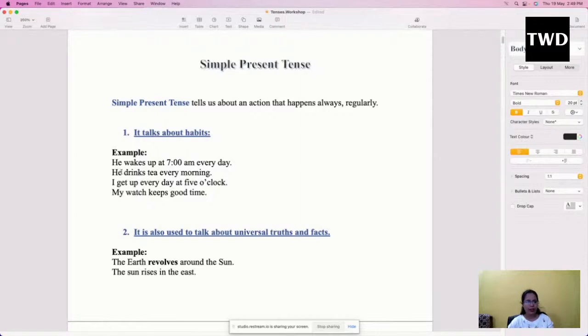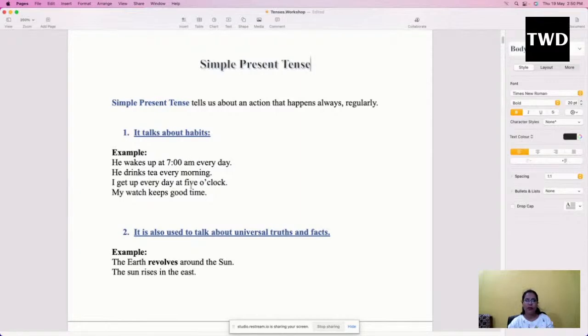Yes, so he wakes up at 7 a.m. every day. Every day he wakes up. We don't want to show whether he woke up in the past or present or future. This activity is being done by him daily, and that's why we have the subject and directly the verb.